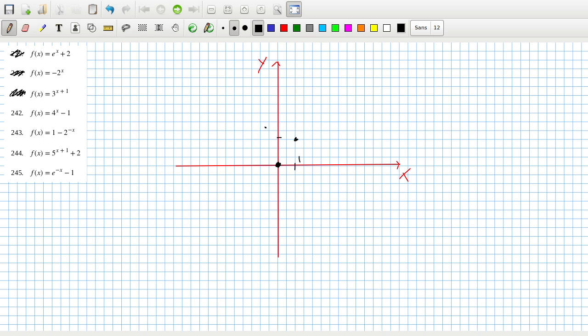So 1, 3, and it's coming up from an asymptote of -1. So that's the asymptote there, and it's coming along, oops, it's coming along from this asymptote like that. Yeah, so that domain, all reals.